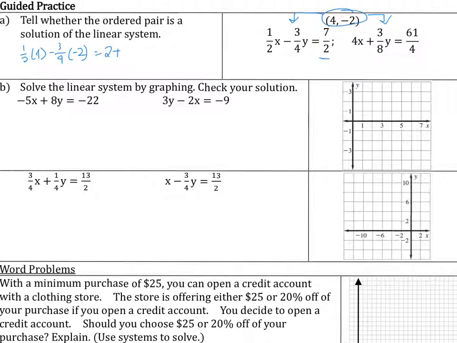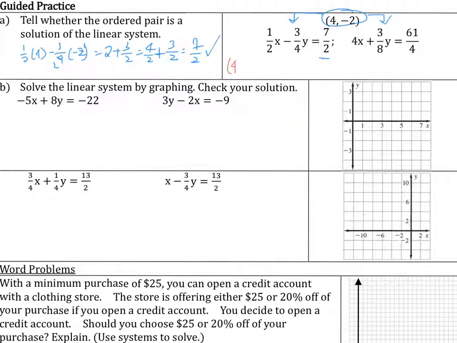And this makes positive 3/2. I can change this to 4/2. And this will make 7/2. So it does equal 7/2. Okay, now we can check the other equation.